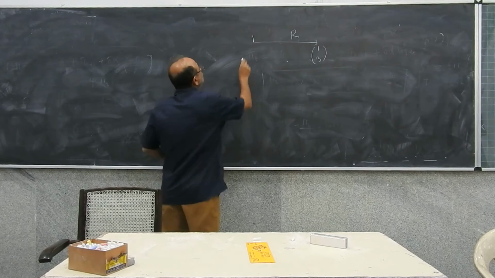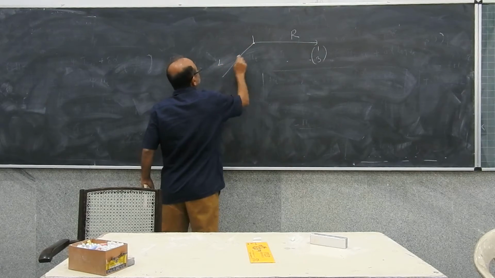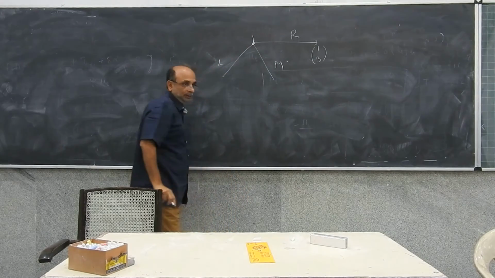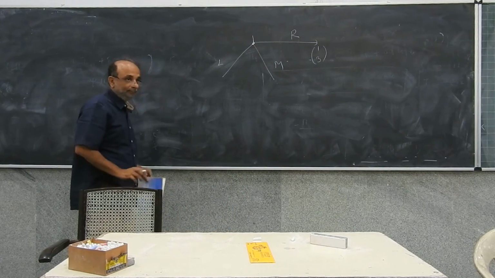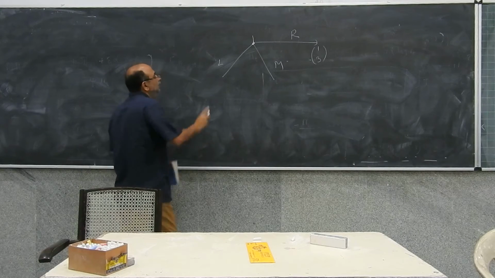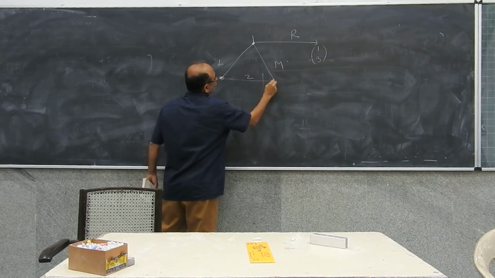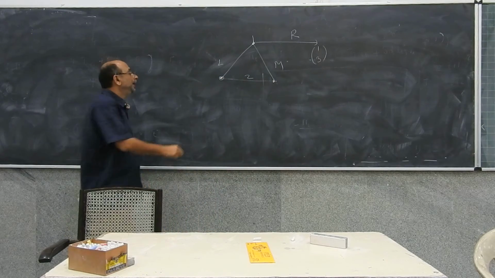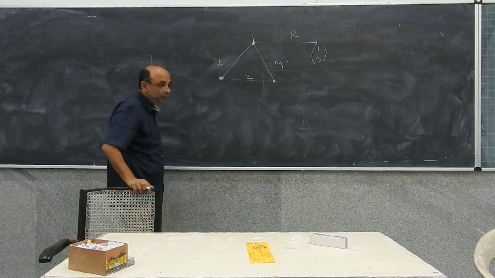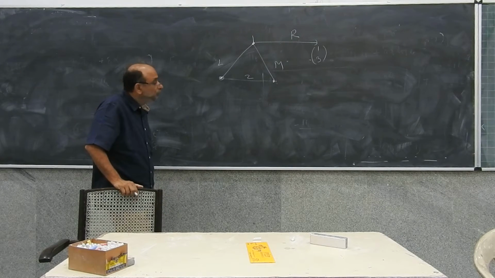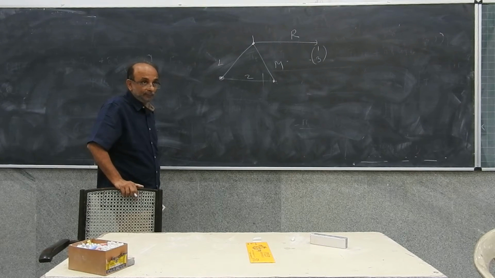Player 1 can also choose L or M. If he chooses L or M, now it's the turn of the second player to move. When I indicate it with a line like this, it means that player 2 has not observed the move made by player 1. So player 2 knows that either L has been chosen or M has been chosen, but doesn't know which.